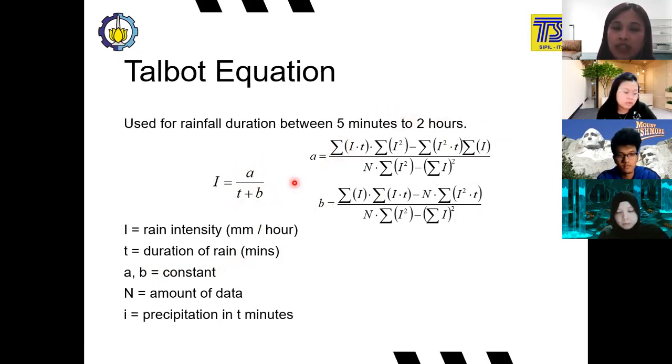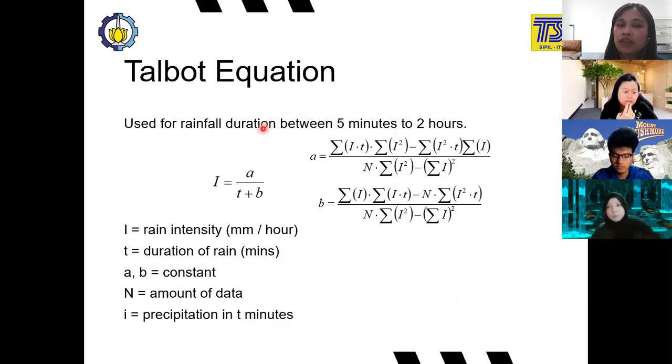Like for A, you have to calculate it using I, T, and N, where I is equal to the precipitation in T minutes. It's the rain intensity or the precipitation which has happened in a short period of time, because usually this is used for rainfall duration between 5 minutes until 2 hours.